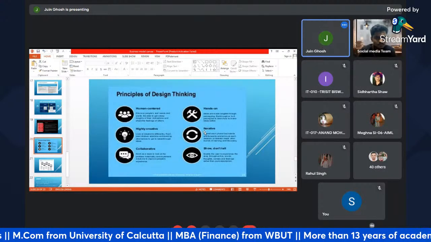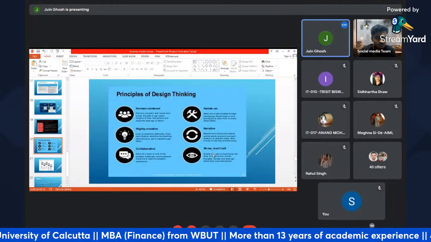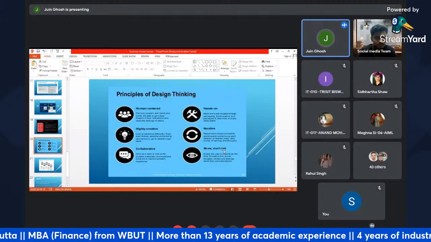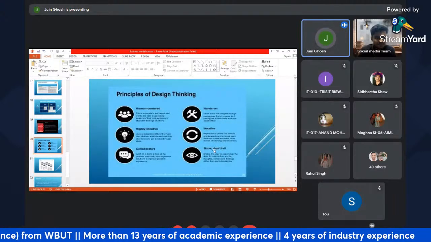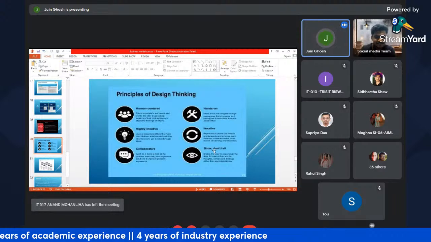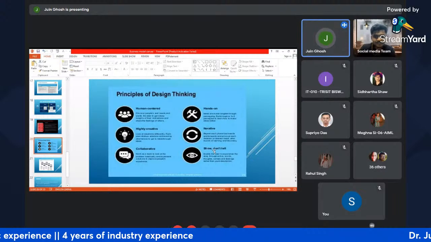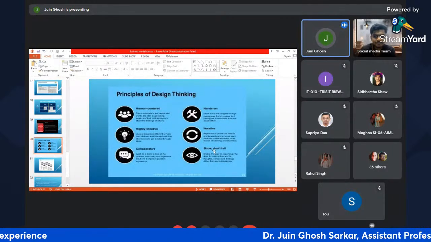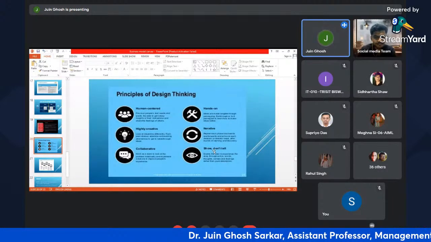Then it is interactive, and show but don't tell. This is the main thing. You don't need to make your business model public because the competitors are there. So depending on the infrastructural development, it varies.